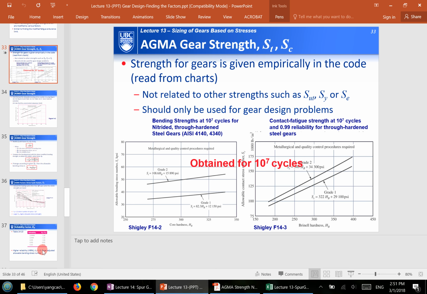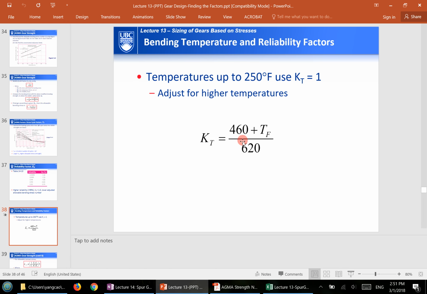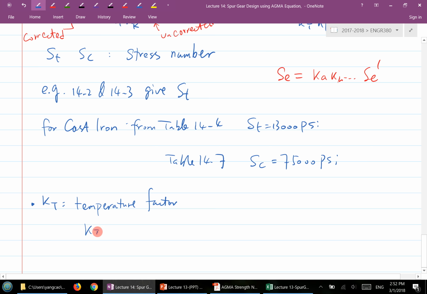For temperatures up to 250 Fahrenheit, just use 1. Otherwise, use this formula. 255 Fahrenheit is a very high temperature, so most probably you're going to use 1 for KT.